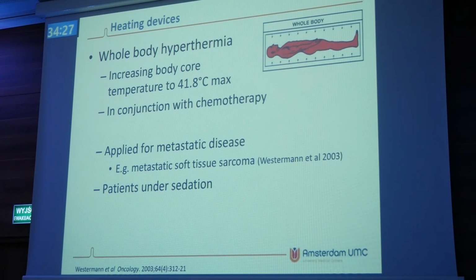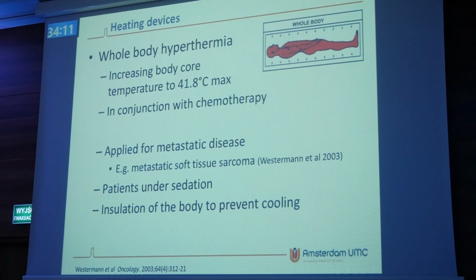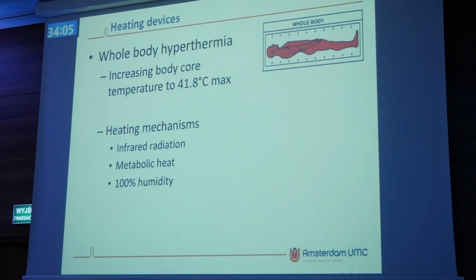Patients, if you go to this very high temperature, are under sedation. You can also go to slightly lower temperatures than 41.8 degrees, and then we refer to this as a fever range. And you need to insulate the body, because the body will try to get rid of the excess heat in order to maintain this systemic temperature elevation.